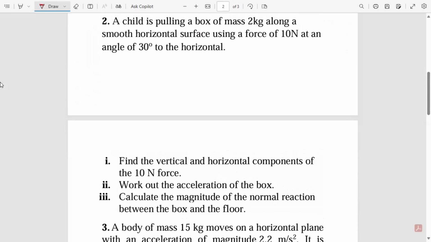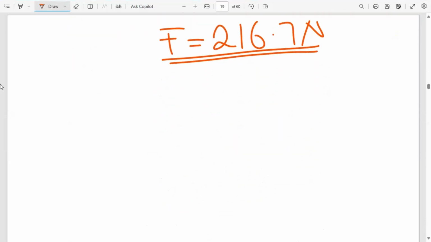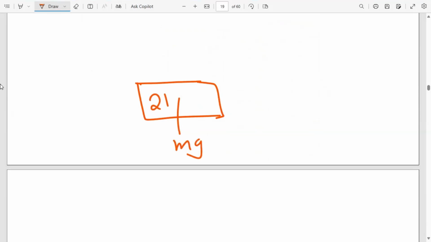Let's just try and visualize the question using a free body diagram. So this is now question two. Okay, so a child is pulling this box, and this box has a mass of 2 kilograms.